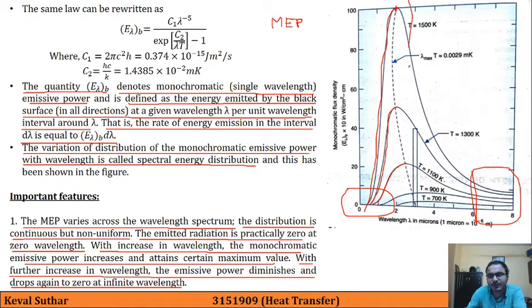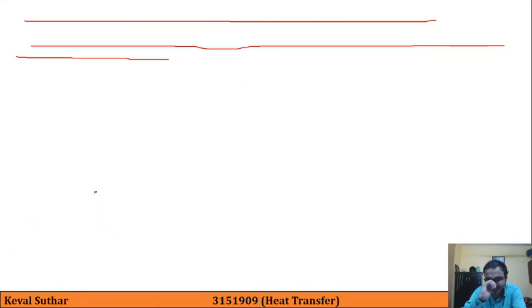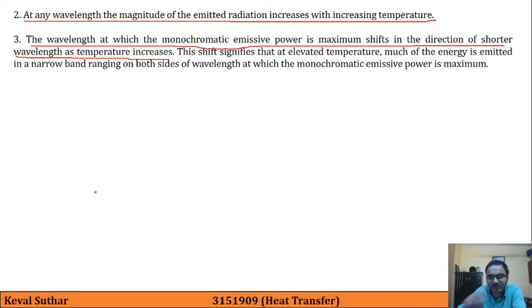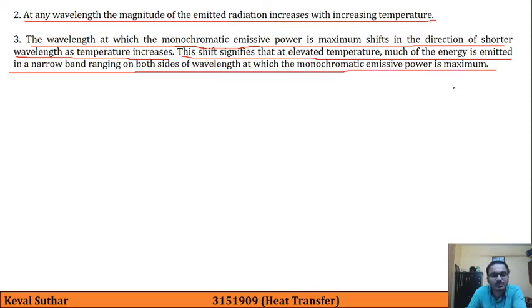If we divide this whole region, then as we increase temperature, we get the maximum MEP in the shorter wavelength and not in this larger region. This signifies that at elevated temperature, much of the energy is emitted in a narrow band ranging on both sides of the wavelength at which monochromatic emissive power is maximum.